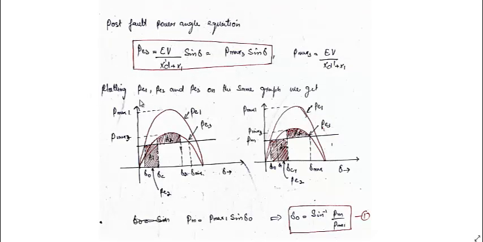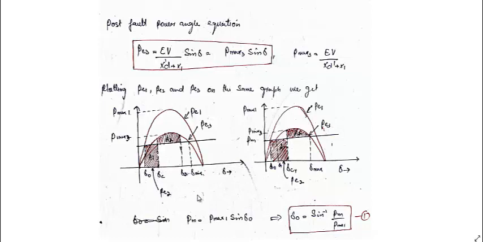Now plotting Pe1, Pe2 and Pe3 on the same graph, we get this is Pe1, because for Pe1 you will have Xd dash plus X1 parallel X2, that will be less than the other. This is Pe3. In a real case we have assumed this to be Pe2, which will be similar, and it is nothing but the delta axis, on which Pe is equal to 0.